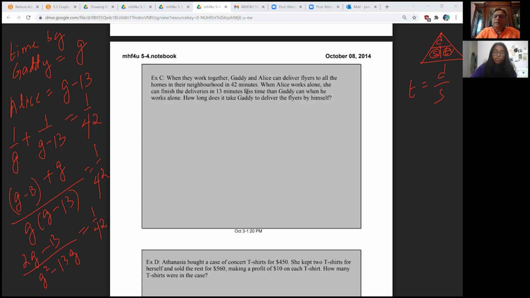So let's multiply by 42 the terms 2g minus 13. Could you cross out the g minus 13 because they're both on the numerator and denominator? No. Once you simplify, then you can cross out, or if you have a common factor.